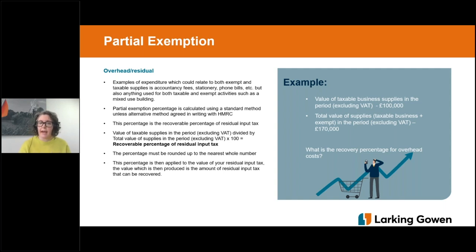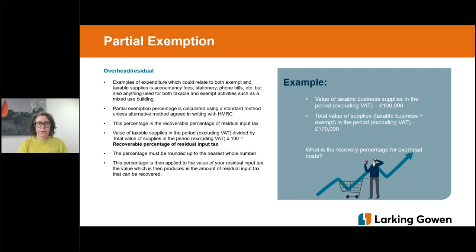So everybody right now is likely to be using the standard method unless you've already been registered for some reason and have a special method agreed. But the vast majority of schools who are newly registered will be using the income-based standard method.